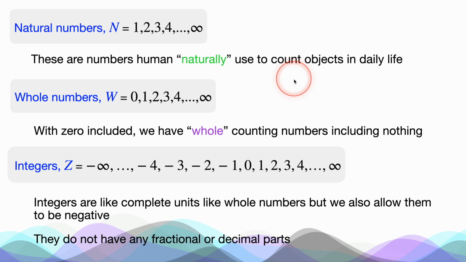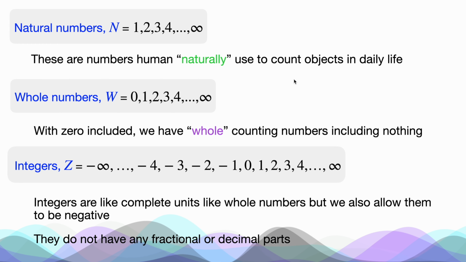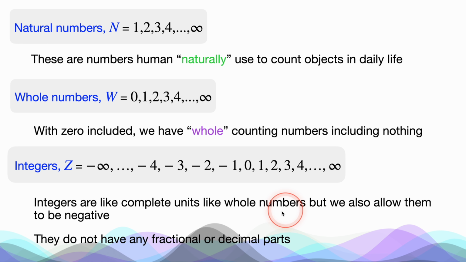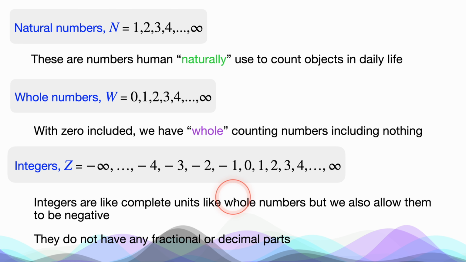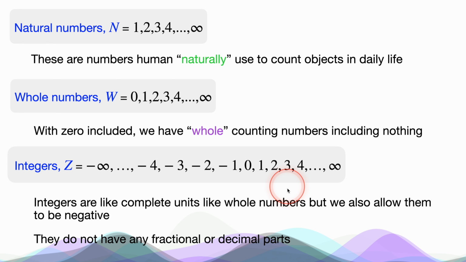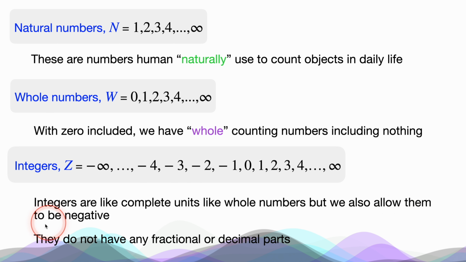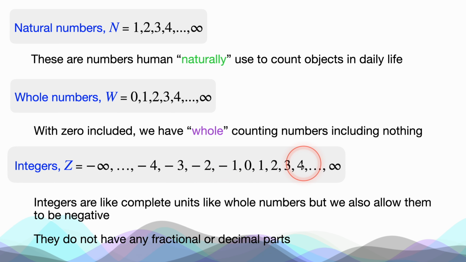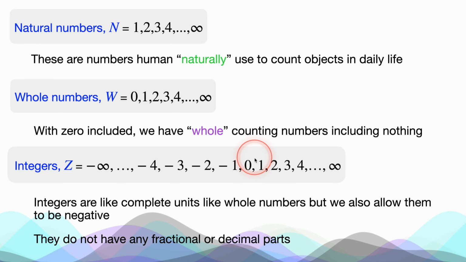So integers are complete units just like whole numbers. So it is like -2, 2, -3, -4, but we also allow them to be negative. It is the same as whole numbers, but we also allow them to be negative.